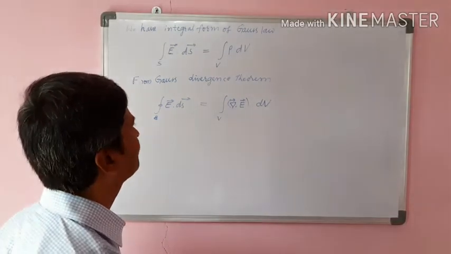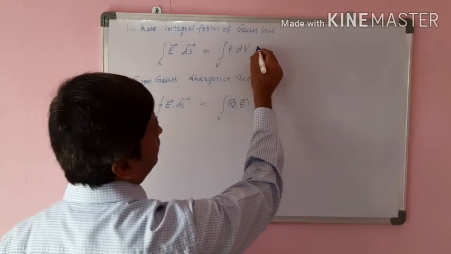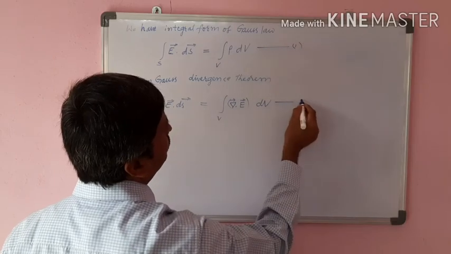This we can write. So this is Gauss divergence theorem. Let us say this is equation 1, this is equation 2.